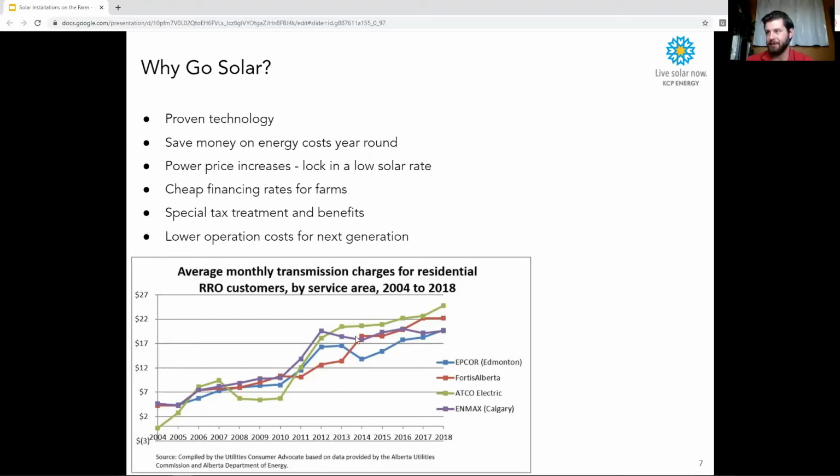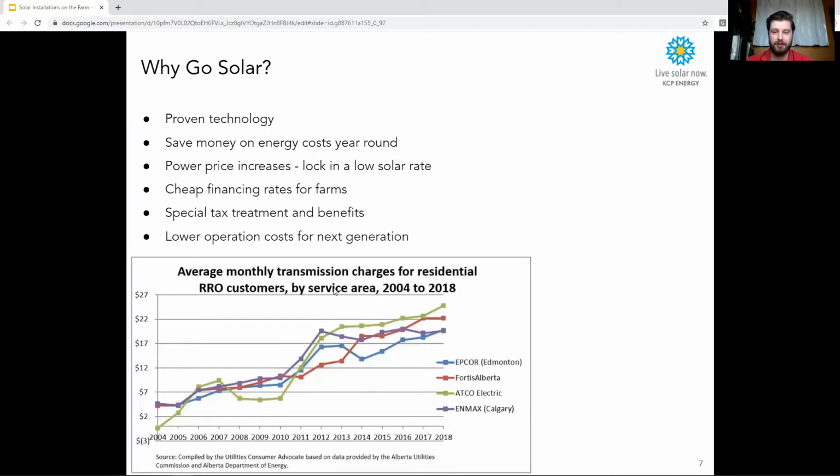If you look at the different wire service providers in Alberta in this graph here, this is 2004 to 2018, and as you can see, the transmission charges are going up substantially. This is just for transmission costs, but I believe if you look at the past 10 years, transmission rates are increasing at about 20% per year.